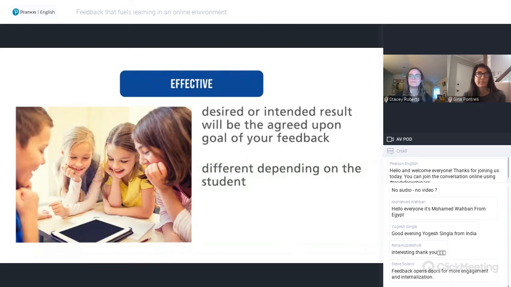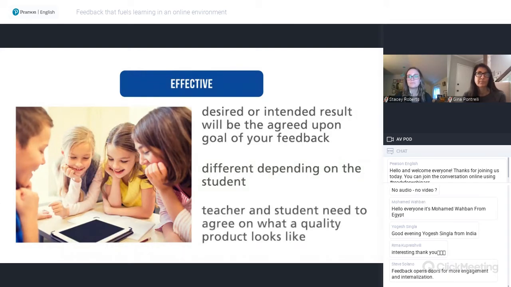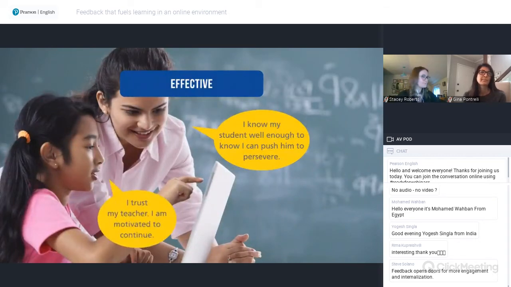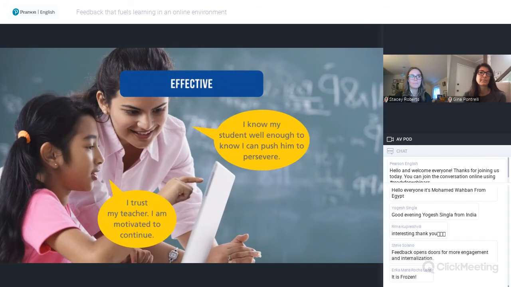For the goal of the feedback to be effective, both teacher and student need to agree on what the quality product will look like. Lastly, get to know your students to know what will motivate them to persevere and not give up. That relationship you develop with your students is of paramount importance, as that will guide you on when to push versus when to try a different strategy.